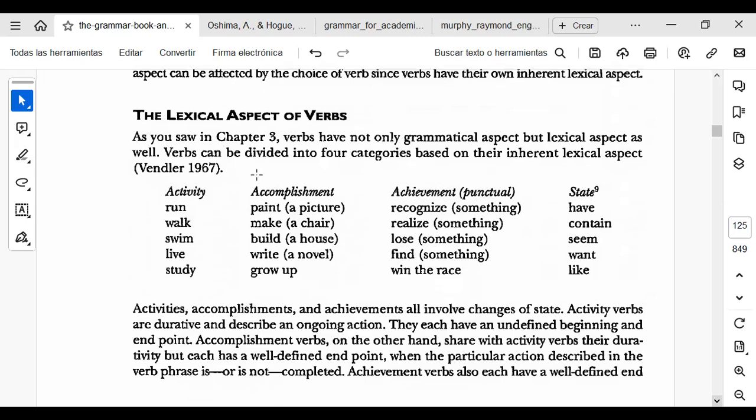The verbs can be divided into 4 categories based on an inherent lexical aspect: activity, accomplishment, achievement, and state. Achievements: recognize, realize, lose, find, win. Maybe this kind of verb you can use when you want to formulate adjectives. States: have, contain, want, like.